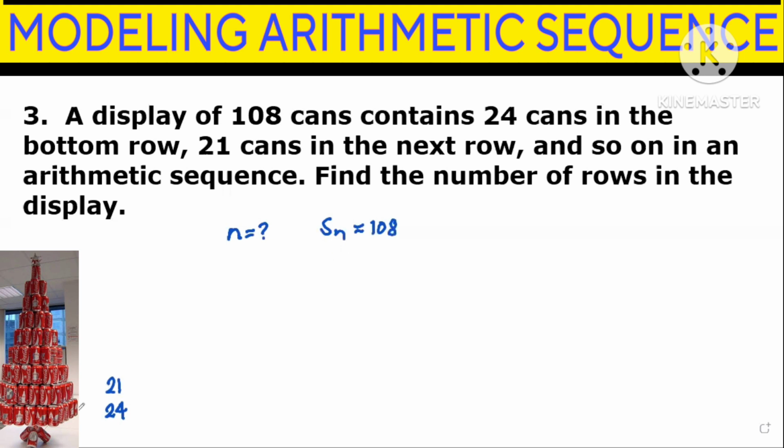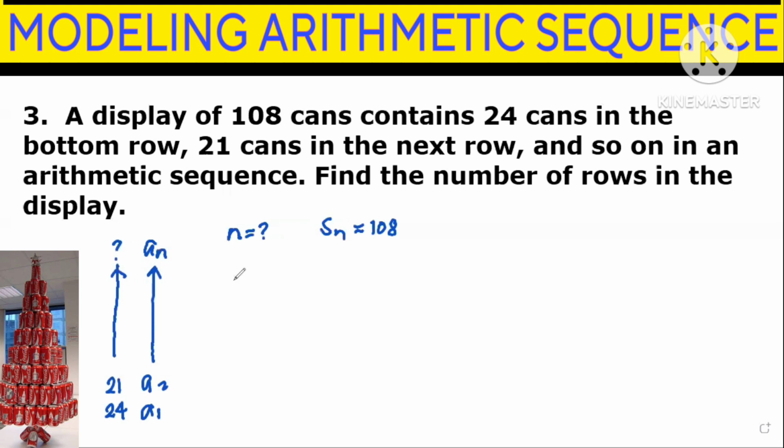Now, ano pang meron tayo sa problem? We know that 24 is our first term. 21 is the second term up to the top row, which is a sub n, na hindi natin alam kung ilang cans ang nandyan, right?